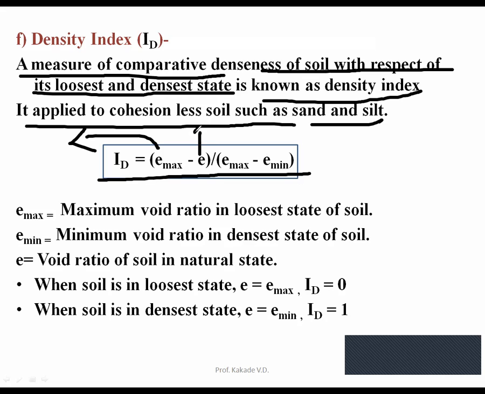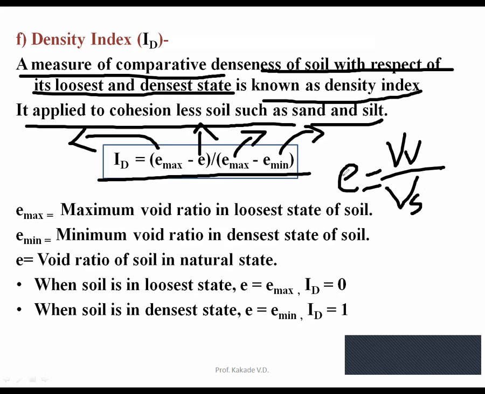E is the actual void ratio of the soil in its natural state. Emin is the minimum void ratio, where E is the volume of void to the volume of solid. So when is E minimum?